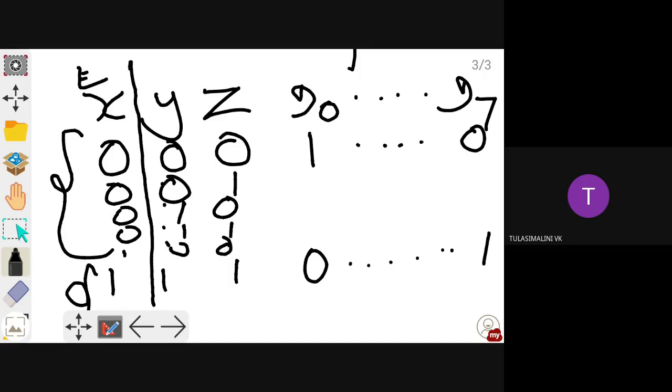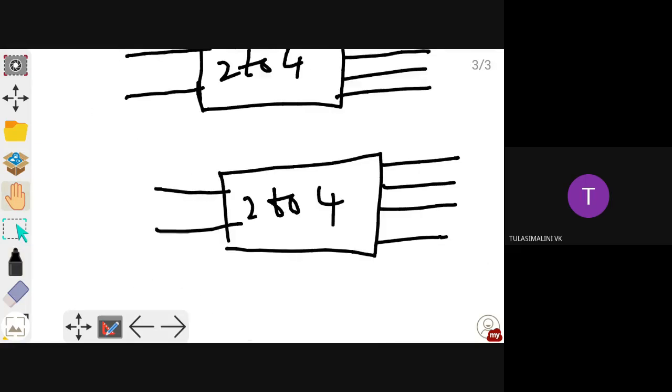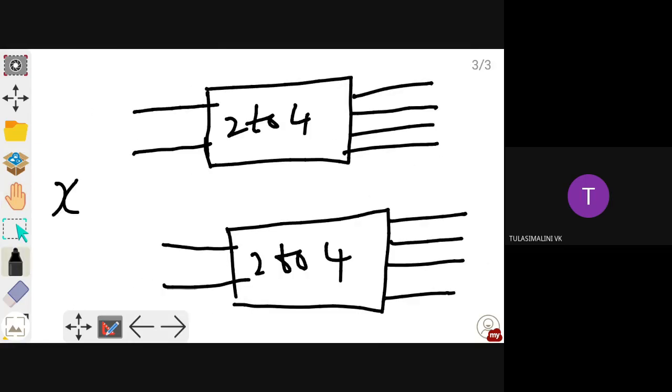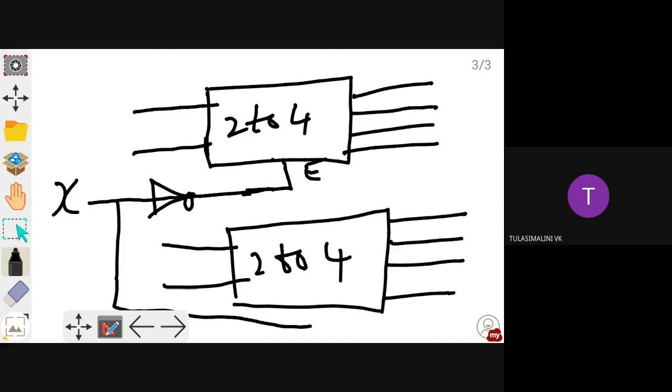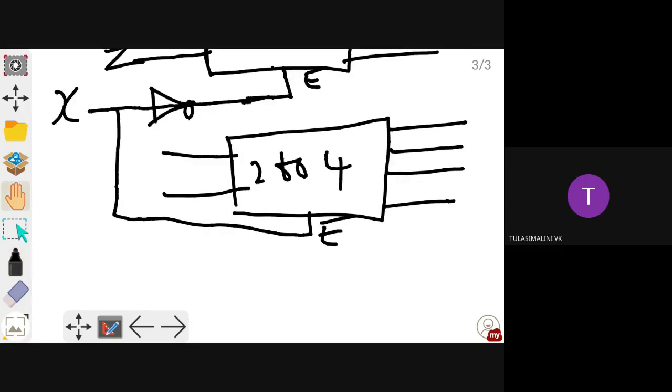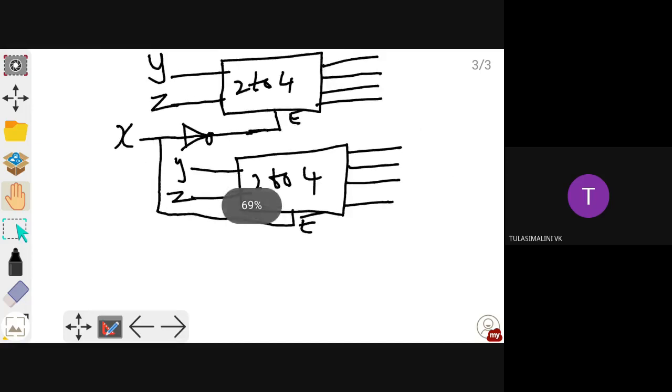So X input I am going to give to an enable input. For the first decoder, I am inverting and giving the input, and for the second I give the direct X input. So YZ is the input for both decoders.